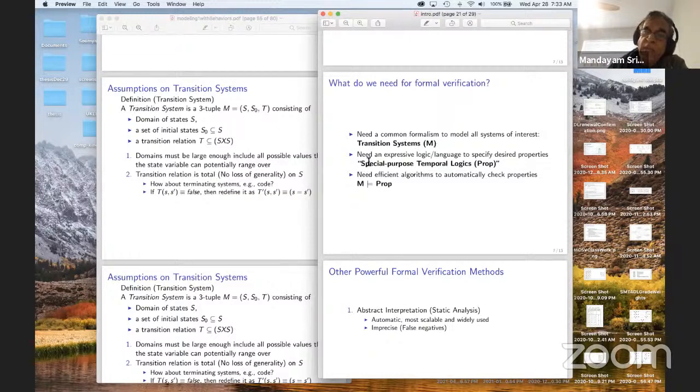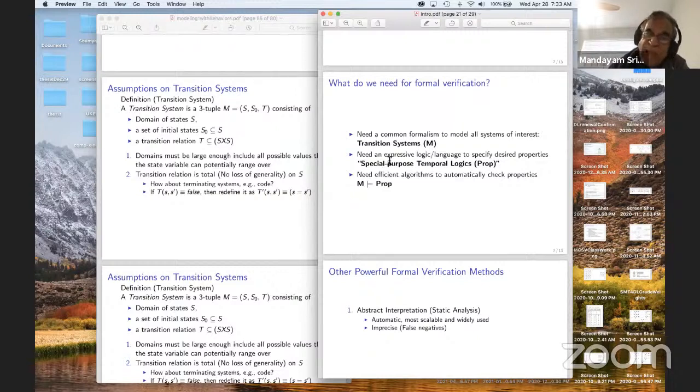And then you need a way to specify the properties, that is, your desired behavior of the model.